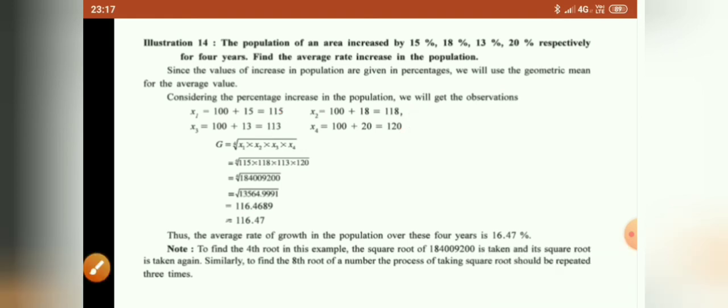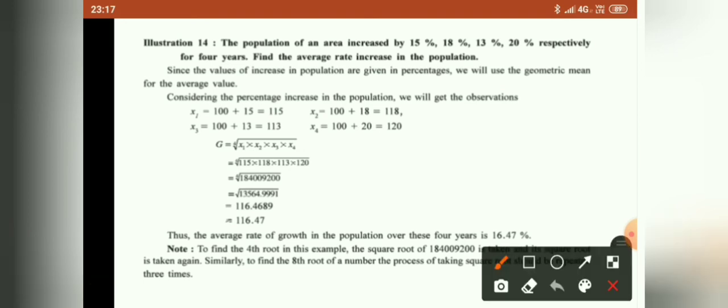Now we will see the geometric mean. There are 4 numbers, so 4th root of x1, x2, x3, x4. We will multiply 115 into 118 into 113 and into 120. We will multiply all this and get the answer 184009200.